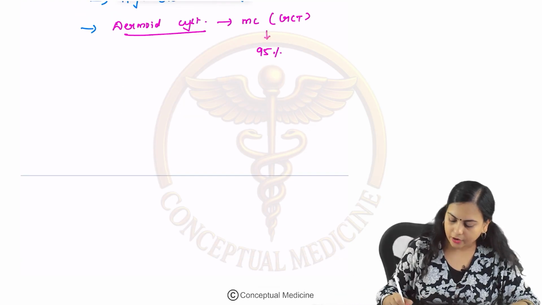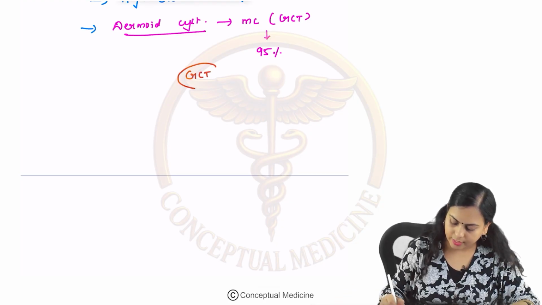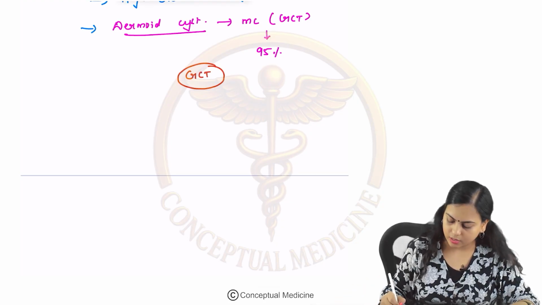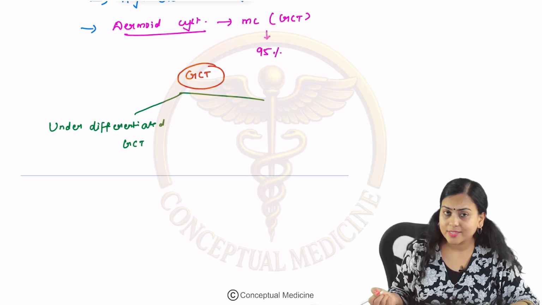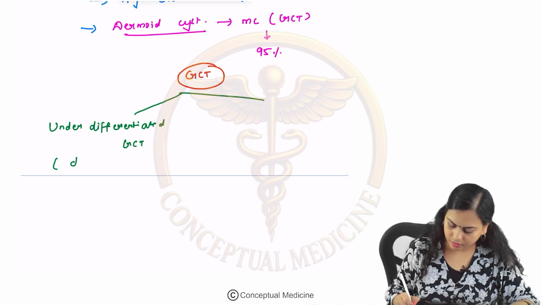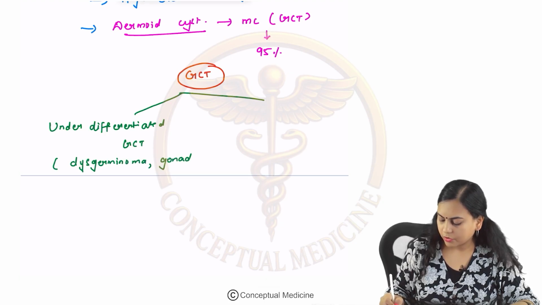Okay, then according to the degree of differentiation, germ cell tumors can be classified into two types. Number one is undifferentiated germ cell tumors. This will include your dysgerminoma and gonadoblastoma, like that.